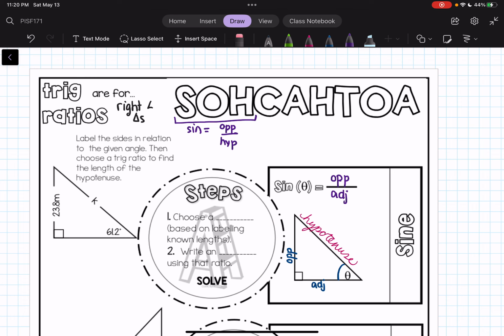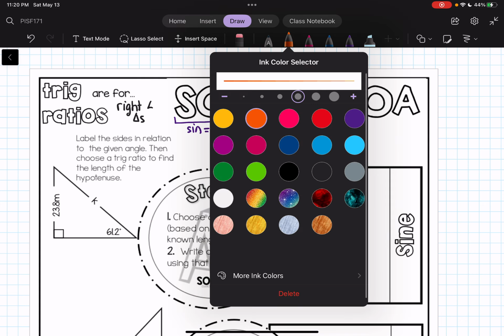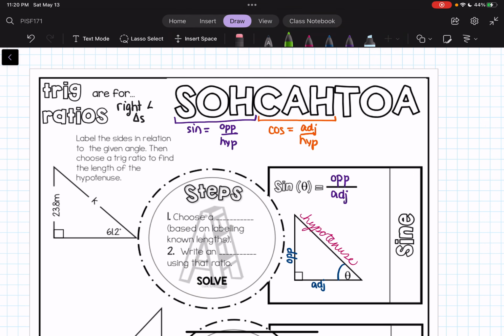And then we have cosine. So cos is adjacent over hypotenuse. And then our last one, tan is opposite over adjacent.